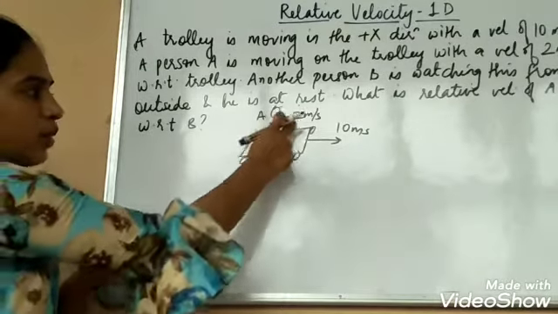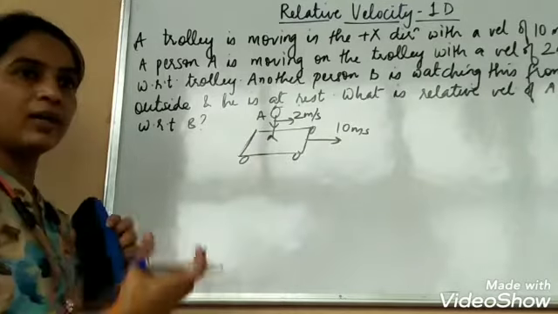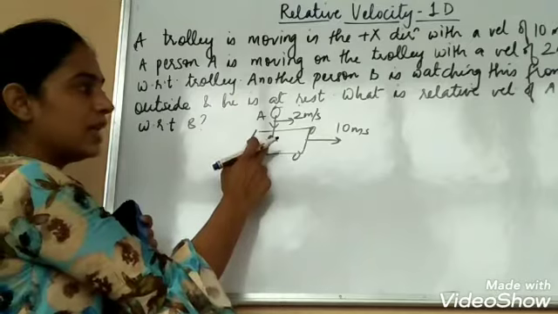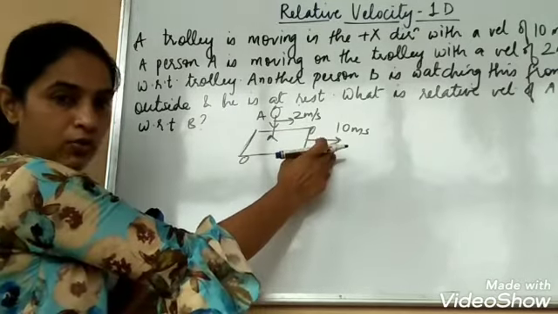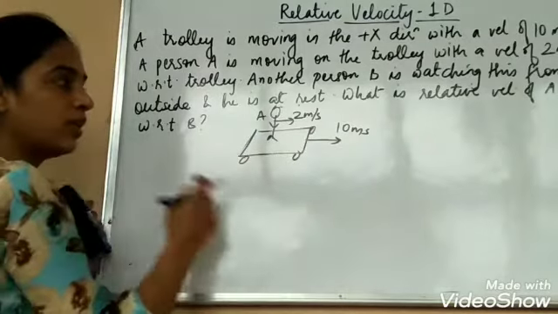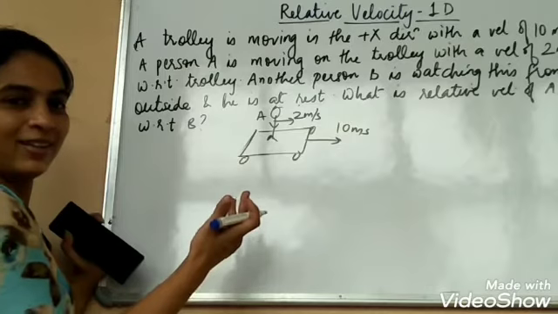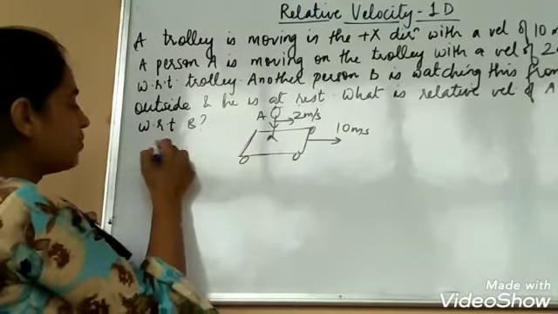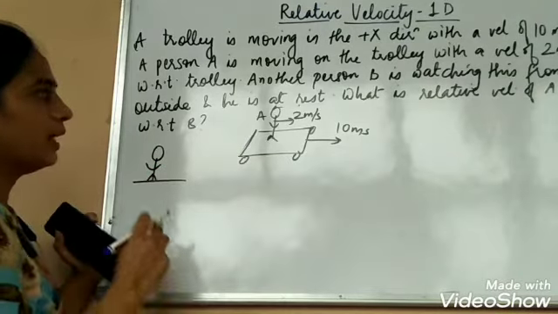So this velocity is with respect to the trolley. Obviously, you might think that the person is running on the trolley, so he might fall down. But see, his velocity with respect to the trolley is less than the velocity of the trolley. So he will not fall down. He will keep running on the trolley, like people on a train. They don't fall. Okay. So another person B is watching this from the ground and he is at rest.